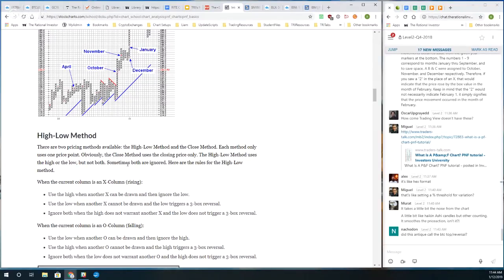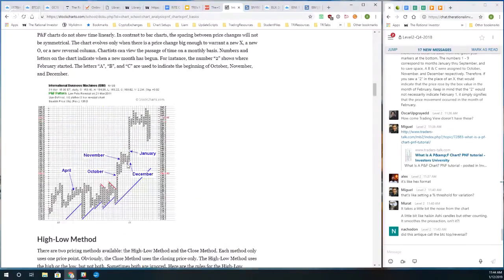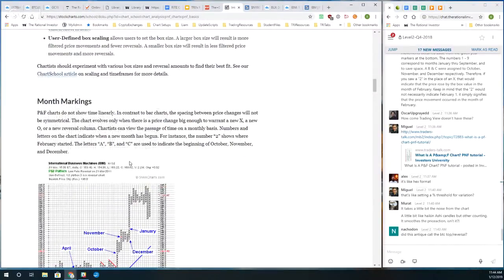I'm not totally positive. You can even see here on stockcharts.com, they say the letters A, B, and C are used to indicate October, November, and December.